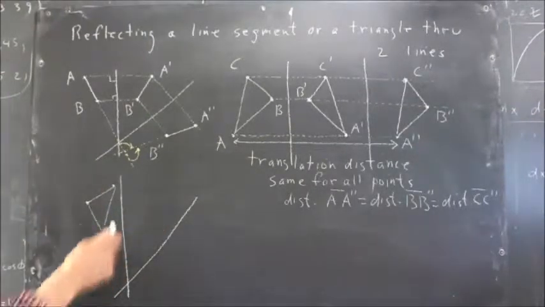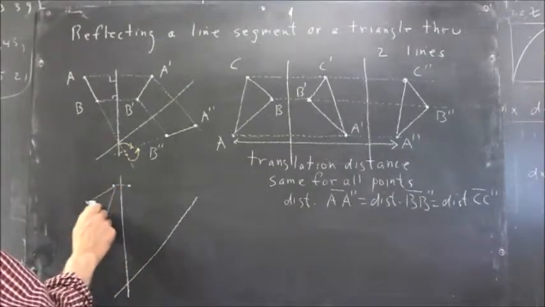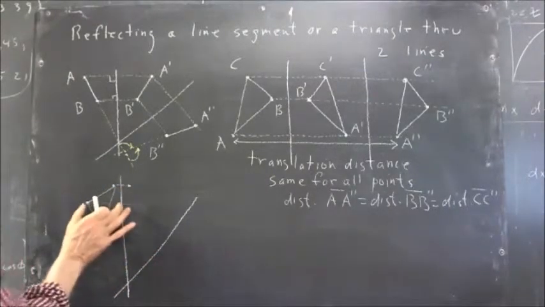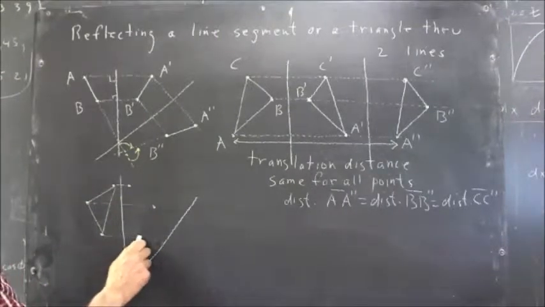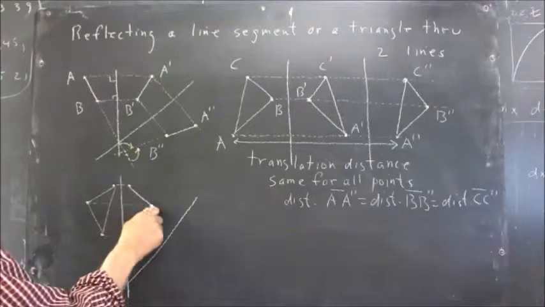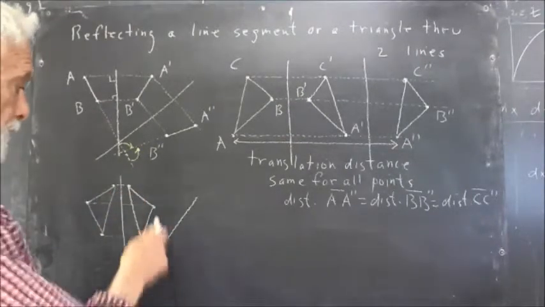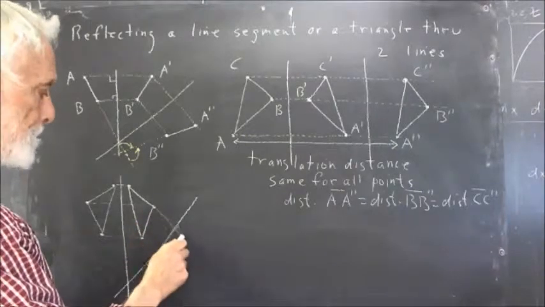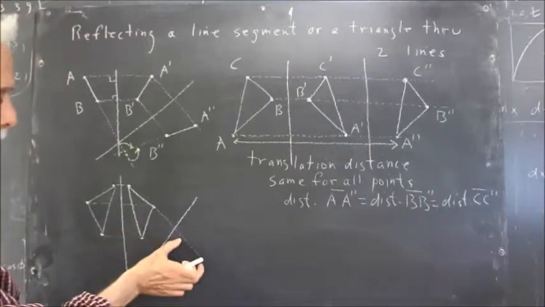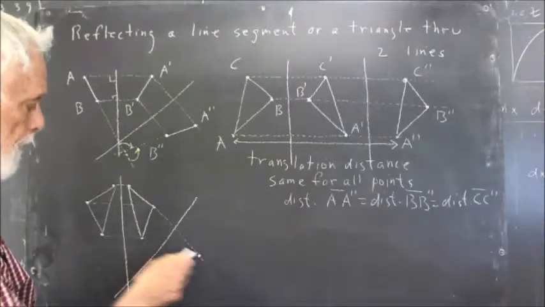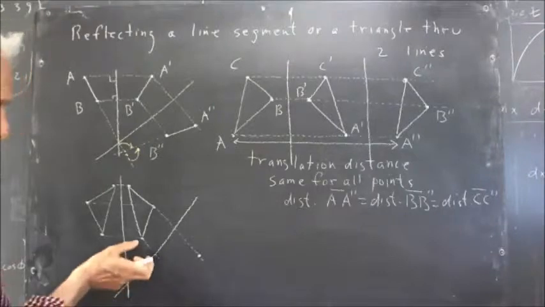Now, let's do the triangle through the two lines. And the lines are no longer at a right angle. So we get this, we get this, we get this, so we have this reflection, then we have this reflection, get the distances as closely matching as possible.